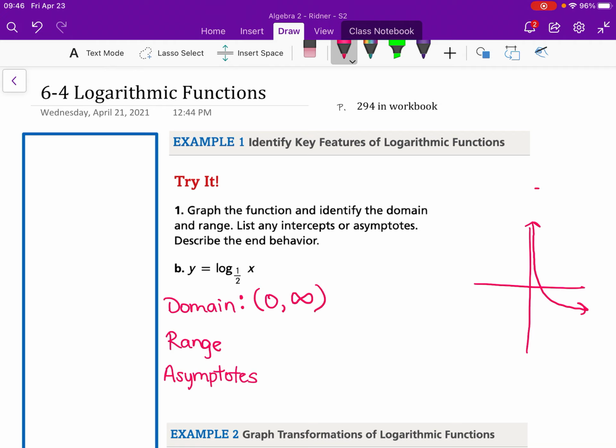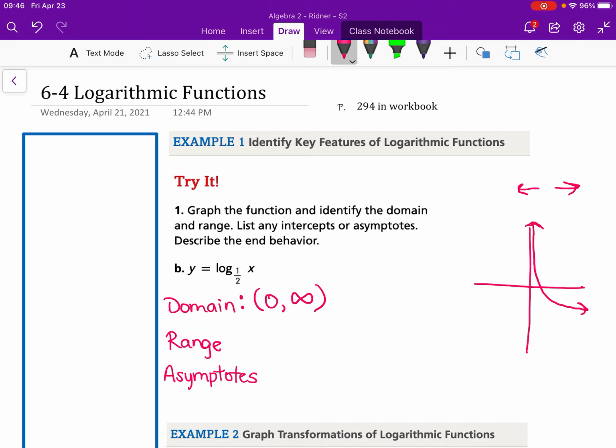And then it goes to the right forever. So remember, domain is left to right. Well, the farthest left that it goes is 0, but then it goes right forever. So that is 0 to infinity.